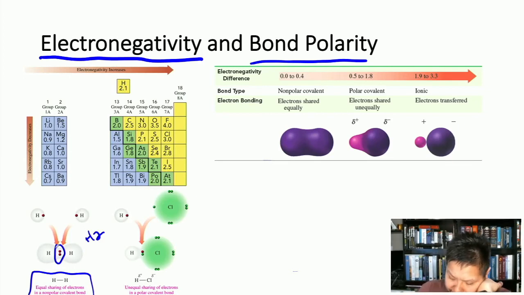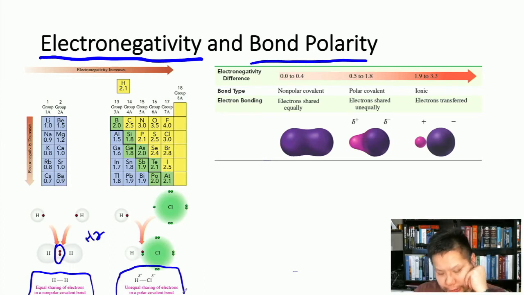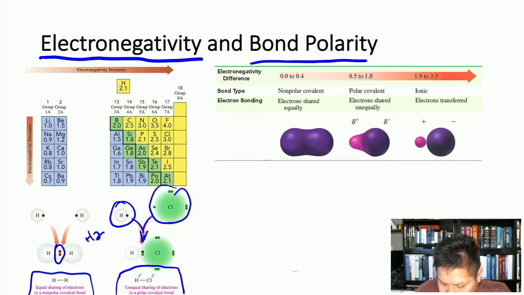But then you take an example like HCl, which is either hydrogen chloride gas or hydrochloric acid, right? HCl. We have a hydrogen here, right? And we have a chlorine here. And when they bind with each other, most of the electrons are over on the chlorine side because hydrogen doesn't have a lot of electrons, right?